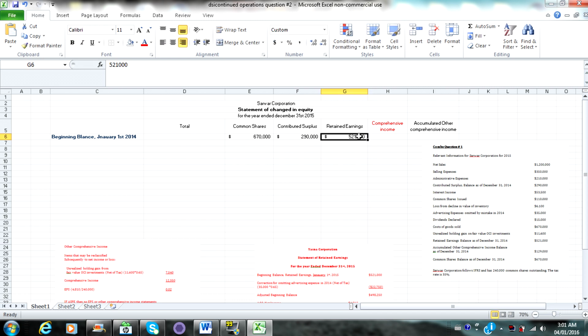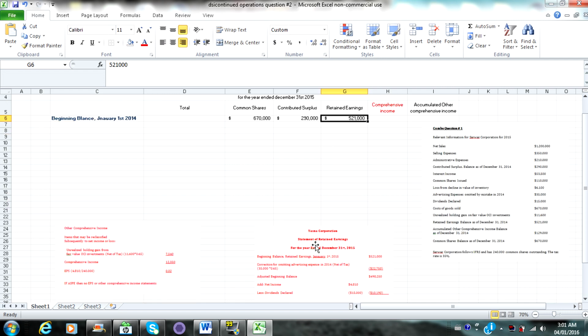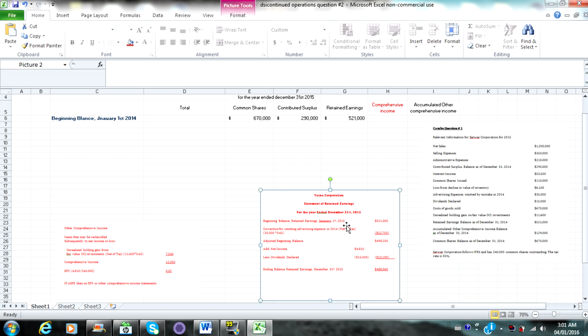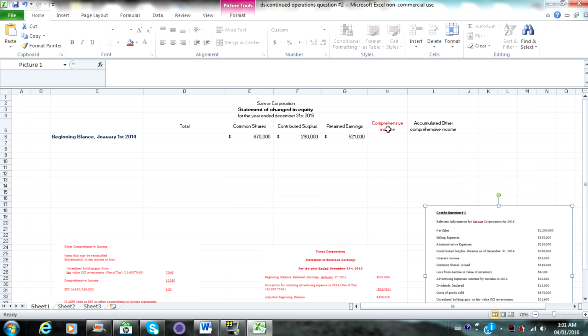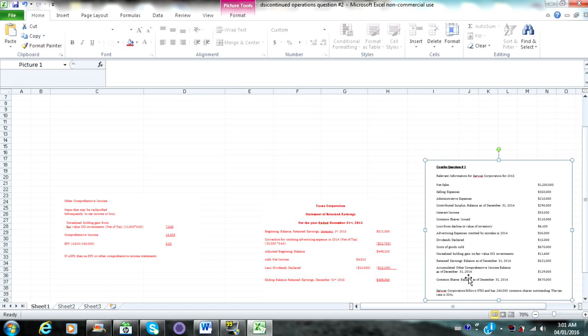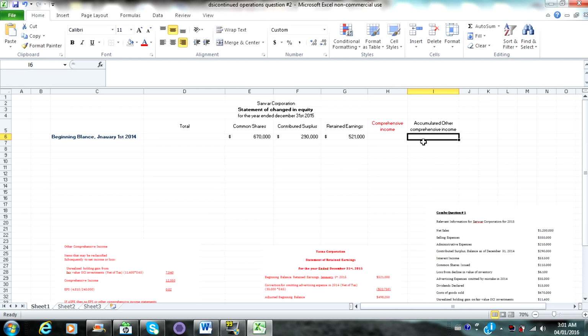I can get this information right from our givens, or I can pull it straight from our statement of retained earnings here. Comprehensive income is not an account, so it doesn't have a beginning balance. However, our accumulated other comprehensive income has a beginning balance of $129,000, so we'll just add that in.